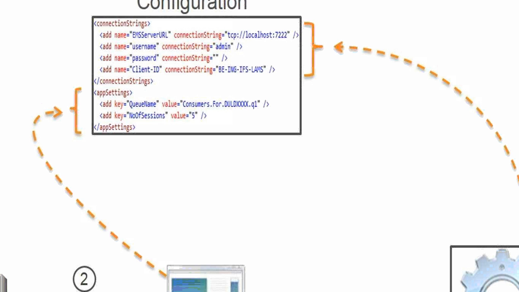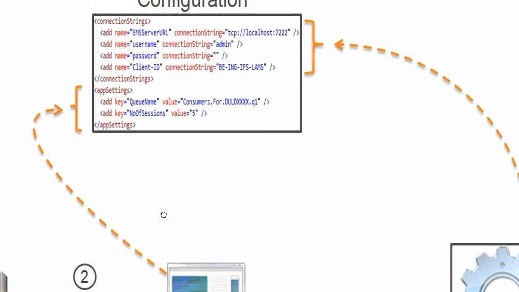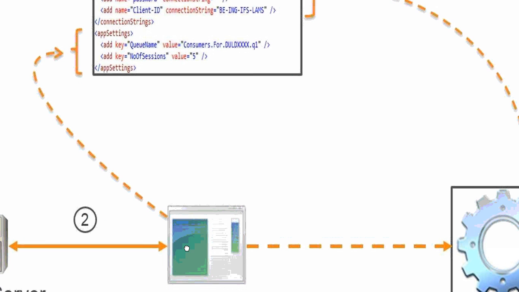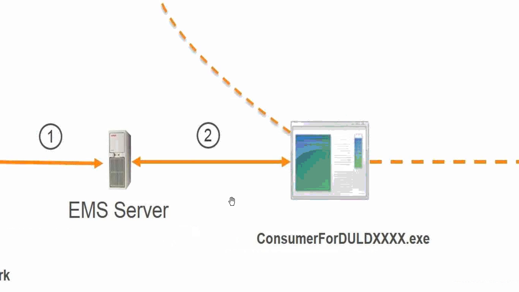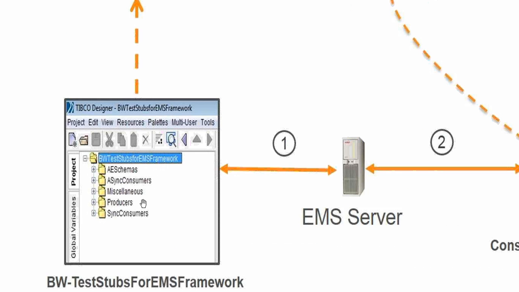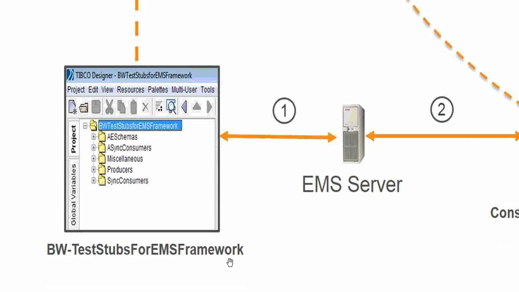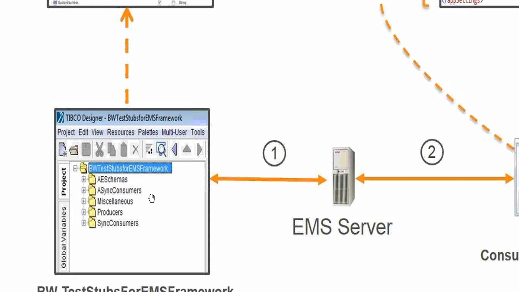And then these two parameters are used by this particular consumer which is written in .NET, and of course this project just for the EMS framework has asynchronous consumers, synchronous consumers, and producers.